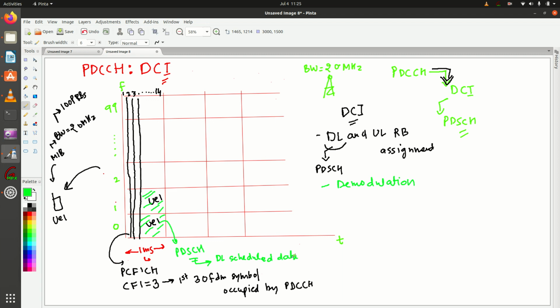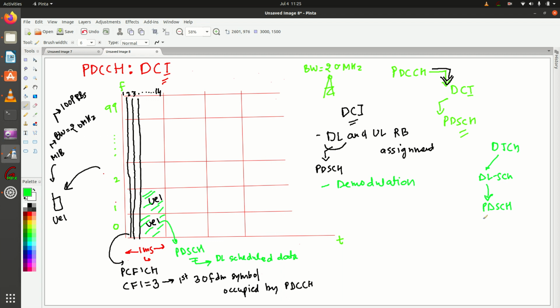Downlink scheduled data. I hope you remember that I have drawn this mapping: DTCH, DLSCH and PDSCH, because PDSCH can carry multiple kinds of traffic like real data or control data. It could be paging, and it could be your system information.